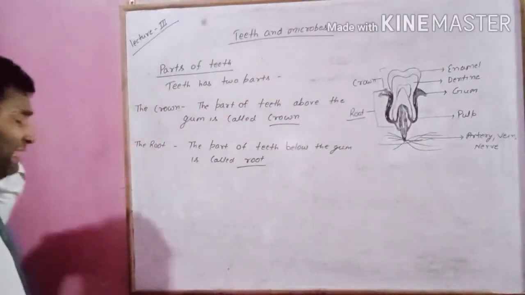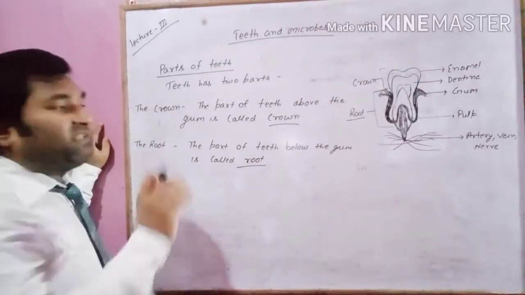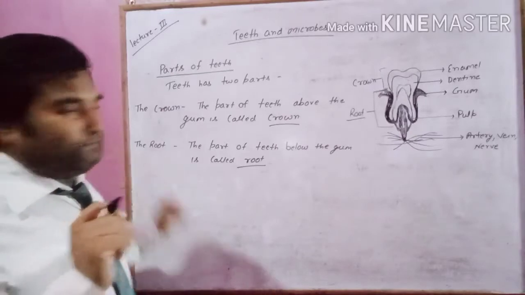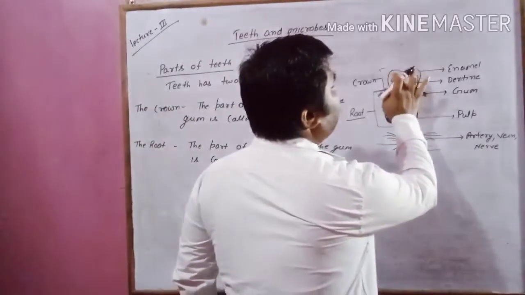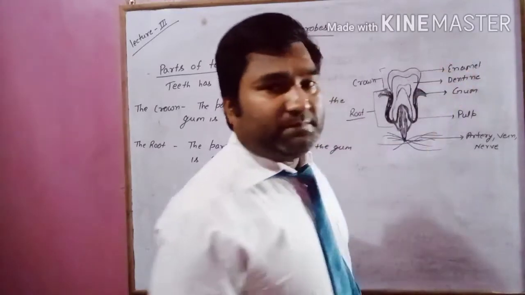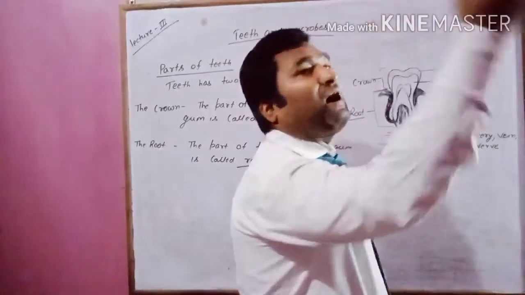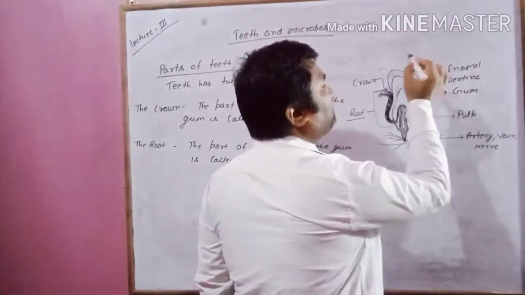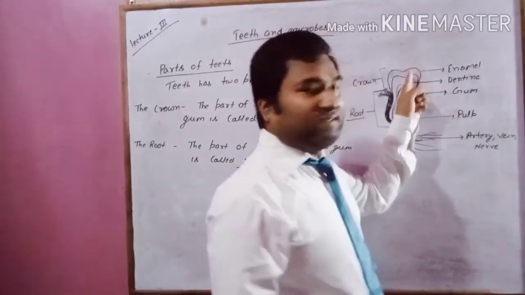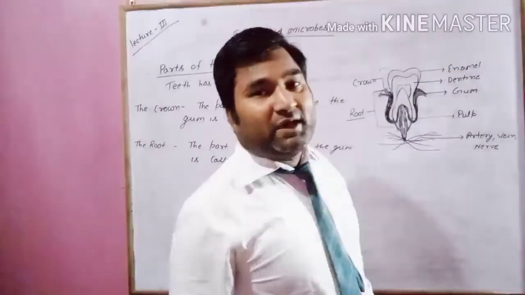Next, mainly the teeth has three parts. First, the outermost layer of the teeth is called enamel. The outermost layer means सबसे बाहर का layer. This is the tooth, and this is the outermost layer, called enamel.